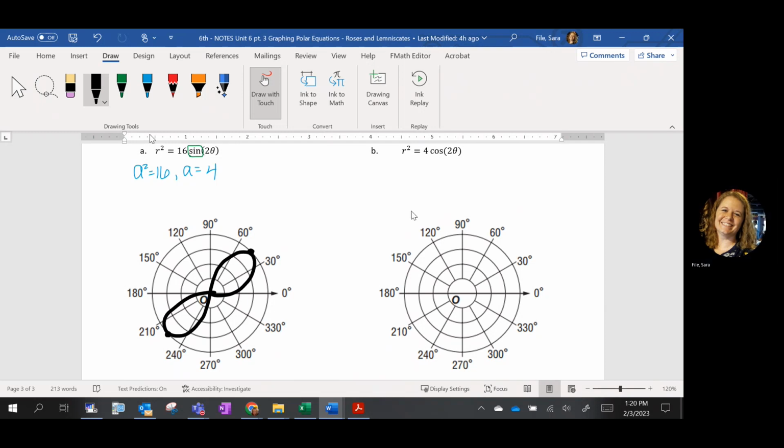There it is. This one is cosine. So it's going to be drawn at 0 degrees. Your a squared is 4, which means a is 2. So this one's going to have a shorter petal, only 2 units out.